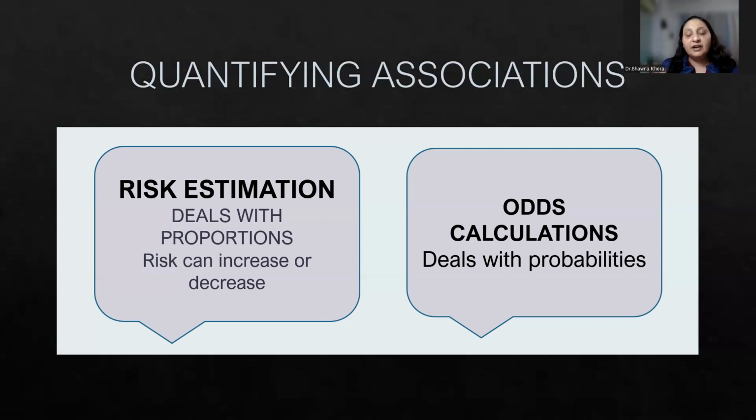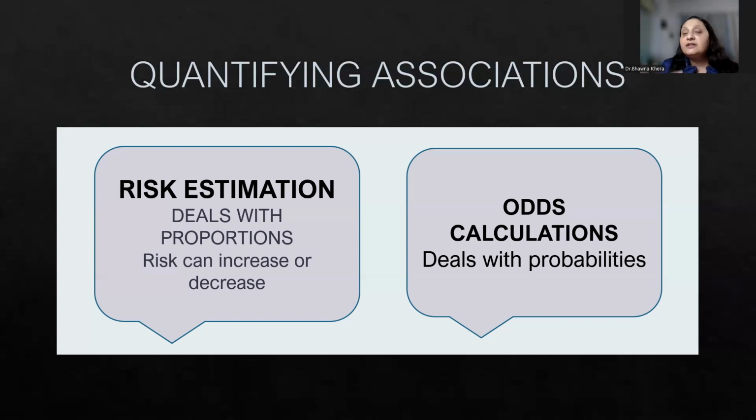Then we take another control group of 200 people who don't have lung cancer, and we go back and see how many of them were smokers and how many of them were not smokers. So this way we calculate the odds of lung cancer happening in patients who were smokers.